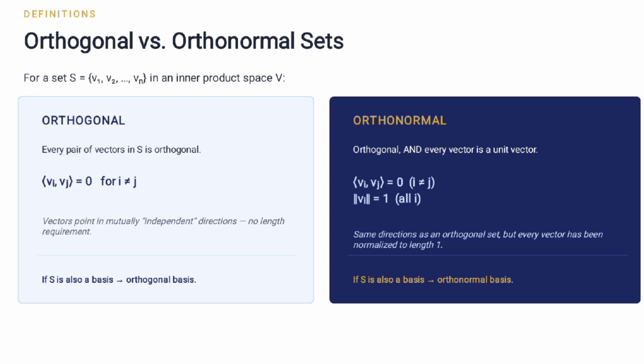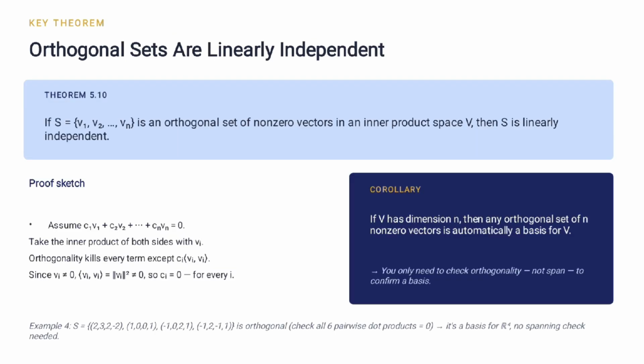Orthonormal is equal to orthogonal plus unit length. If either set forms a basis of the vector space, then we call it an orthogonal basis or an orthonormal basis.